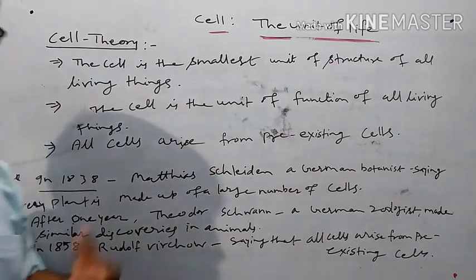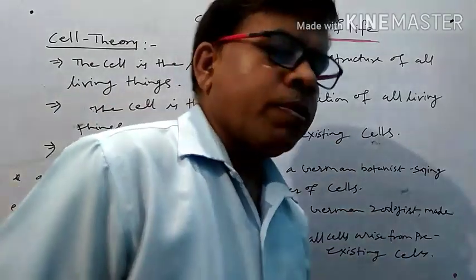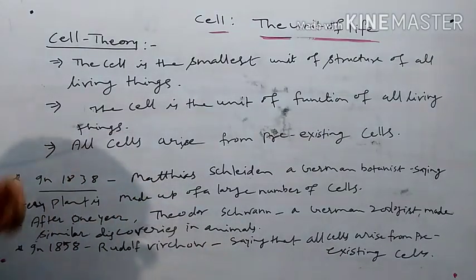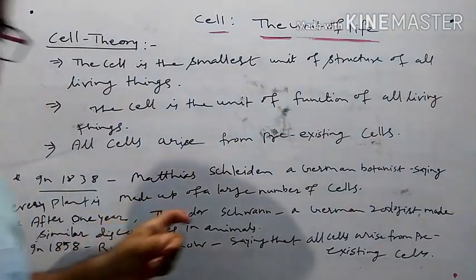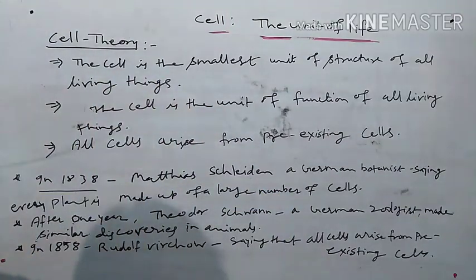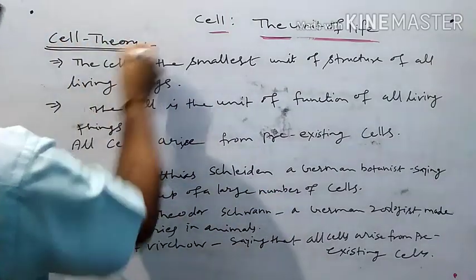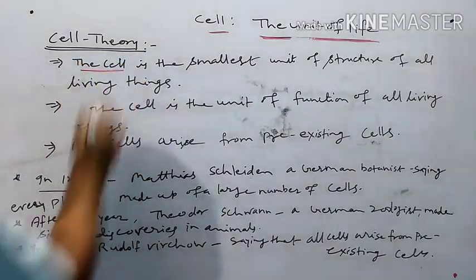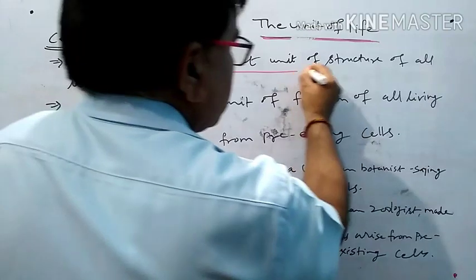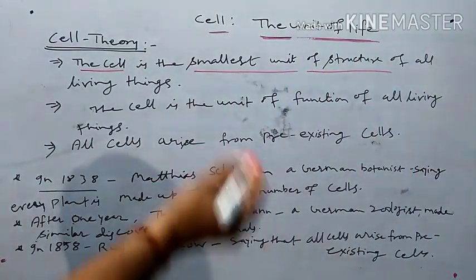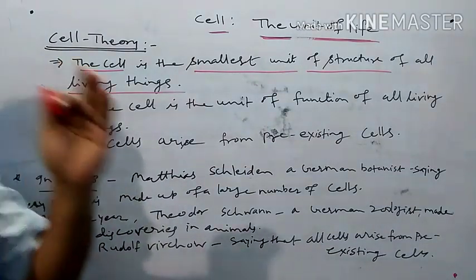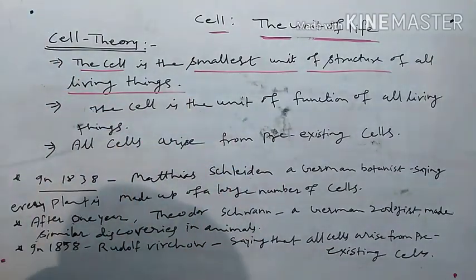Cell theory. What is cell theory? Cell theory was proposed by three main scientists, M. Schleiden, Schwann and Virchow. The main concept of the cell theory: number one, the cell is the smallest unit of structure of all living things.